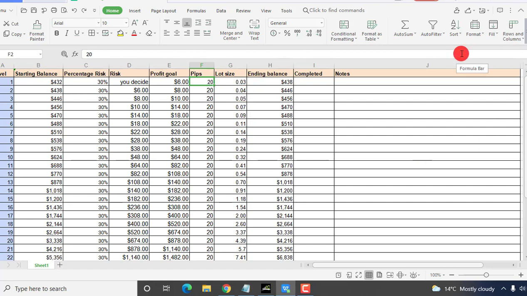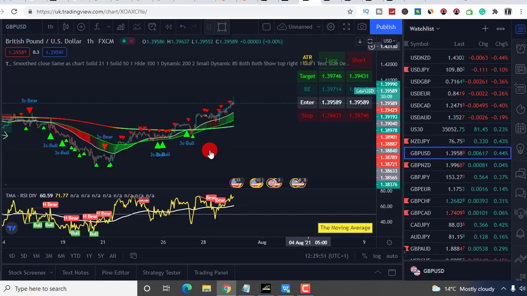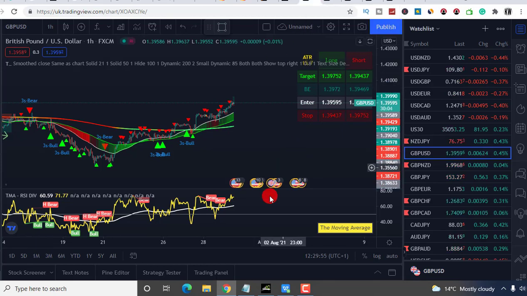Or I could say 0.01 per pair. Let's see. I'm gonna do that. So I'm gonna use 3 pairs for now.